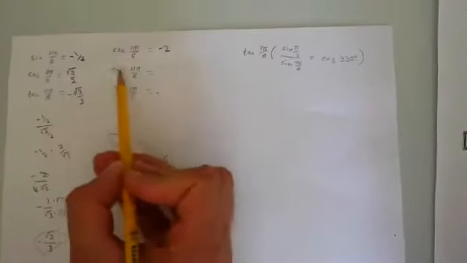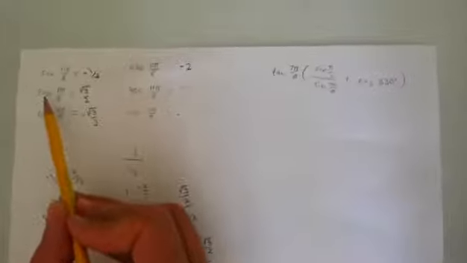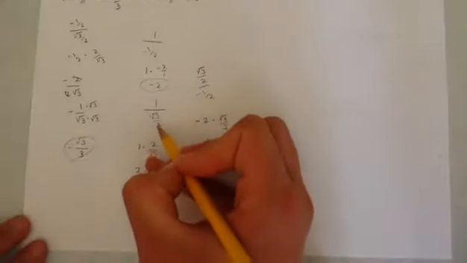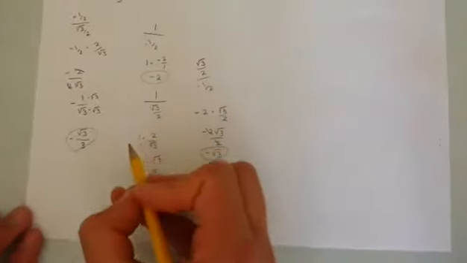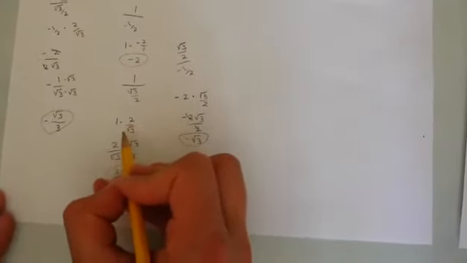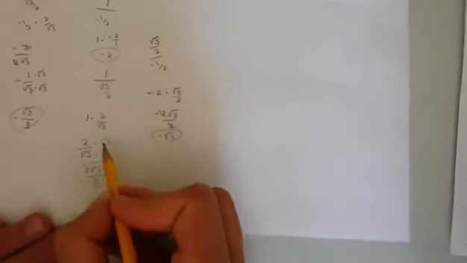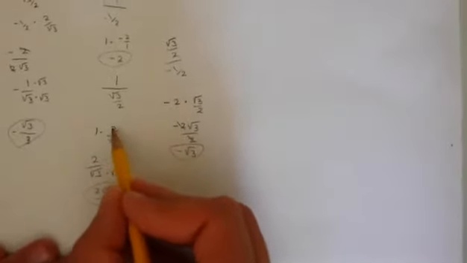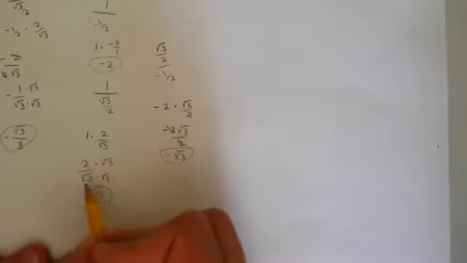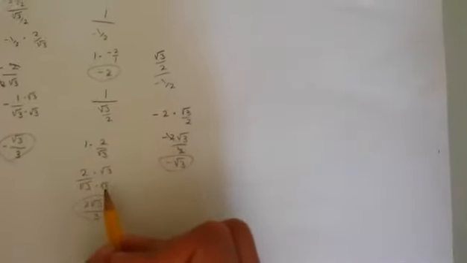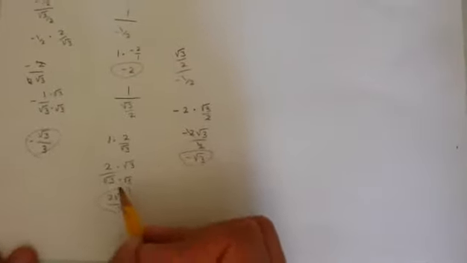Alright, so now we're going to find the secant. So again, 1 all over cosine. So we're going to go 1 all over root 3 all over 2. Flip and multiply here again. After getting this, we again get the 2 all over root 3, so we have to multiply by root 3 on both top and bottom.